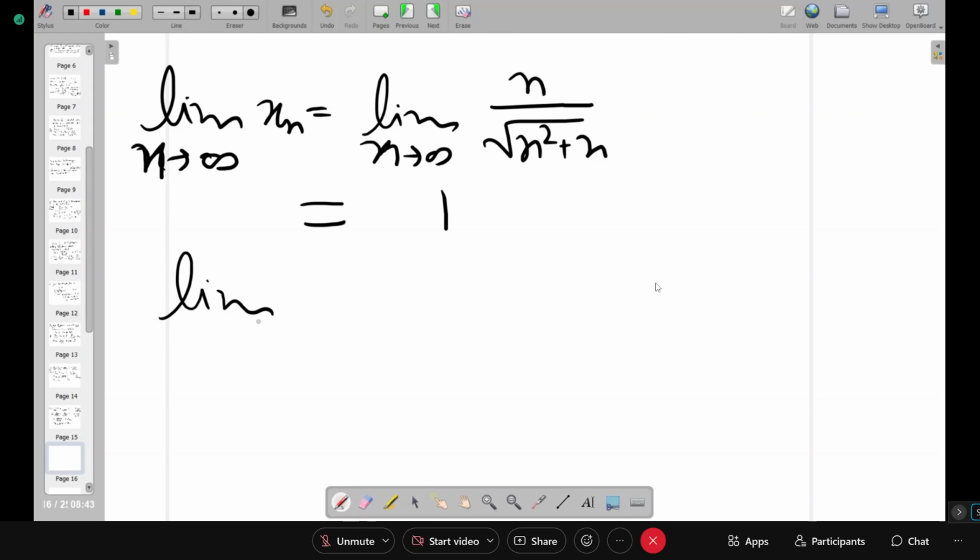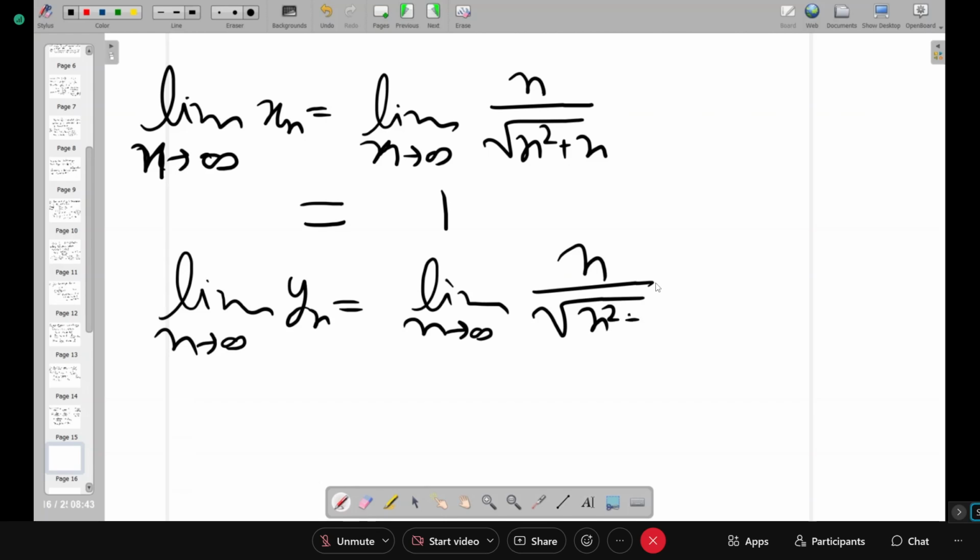In a similar way you can find the limit of yn, the limit as n tends to infinity of n upon under root n square plus 1. This is also 1. So the limit of the given sequence is also 1.